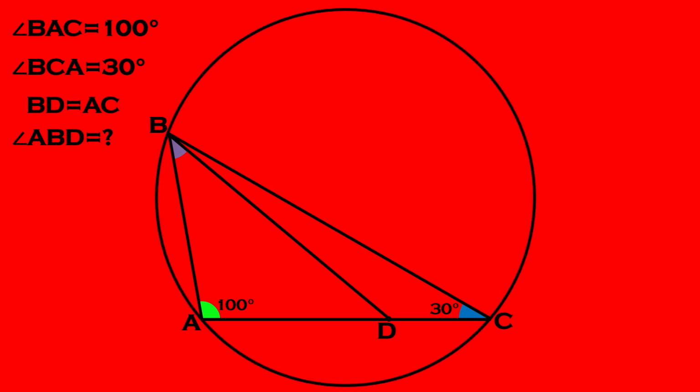We construct the circumcircle of triangle ABC, and we find a point E on this circle such that segment BE will be equal to AC.